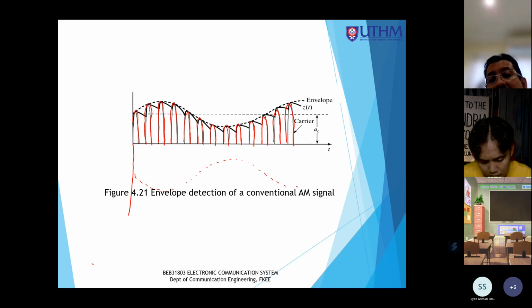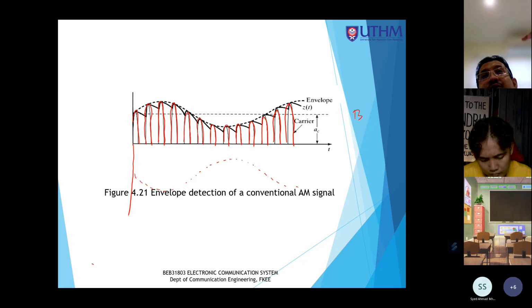Okay, so nampak separuh daripada double sideband tadi. Okay, so this is at point B. What about at point C? So what happened is that at point C, RC tank circuit sebenarnya dia akan lambatkan penurunan voltage drop itu.